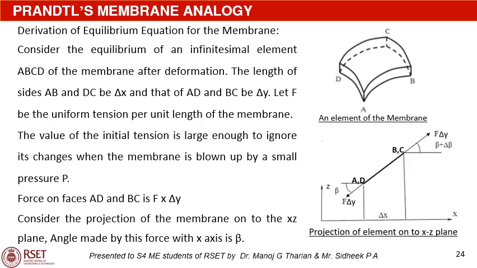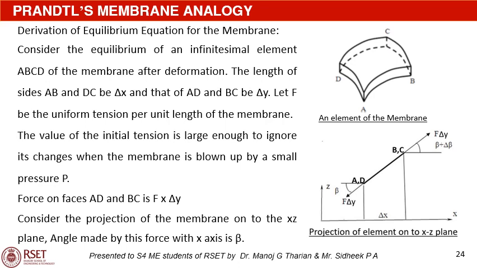In the concluding part of this lecture, we will see the derivation of the equilibrium equation for the membrane. Consider the equilibrium of an infinitesimally small element ABCD of the membrane after deformation. The length of the sides AB and DC be delta x, and that of AD and BC be delta y.